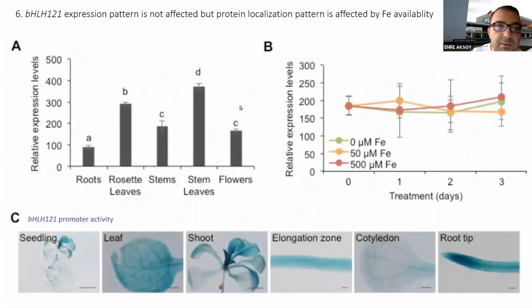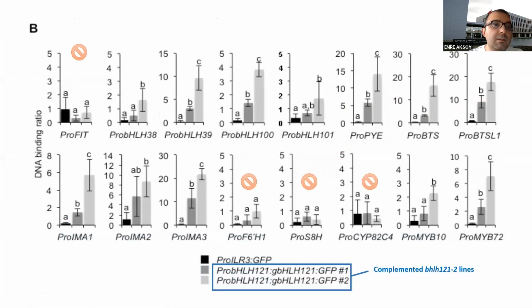I have a question. Yes, hocam. If BHLH121 cannot bind to the FIT promoter, how do you think that the expression of that is different in the mutants?